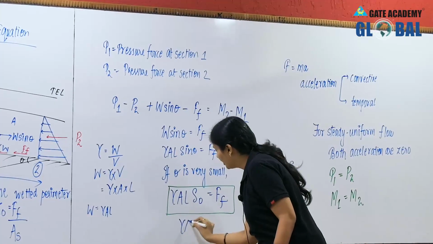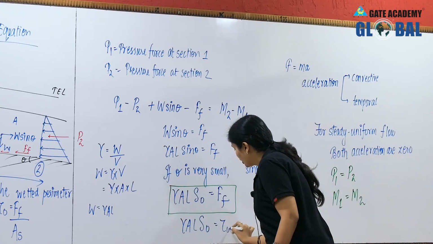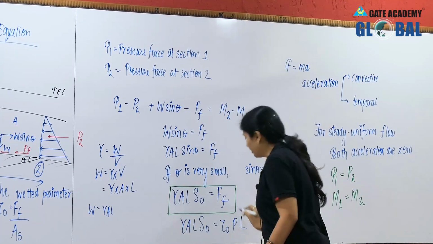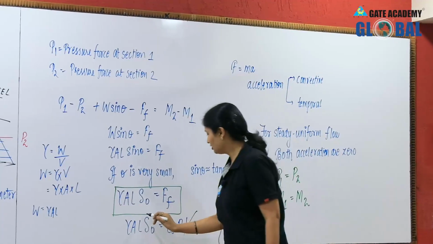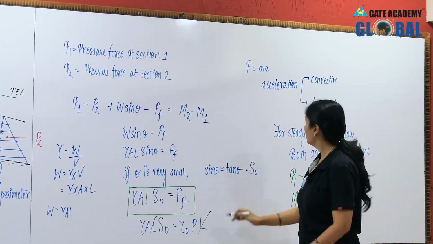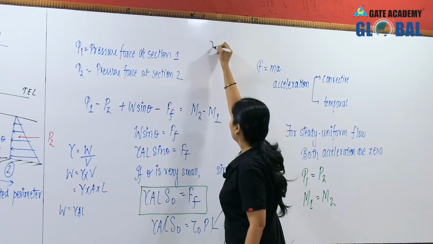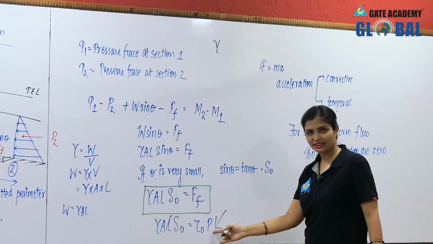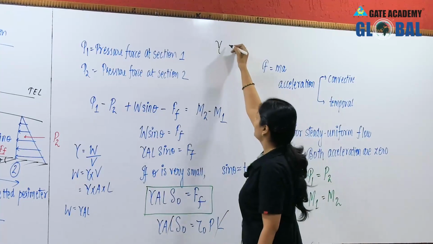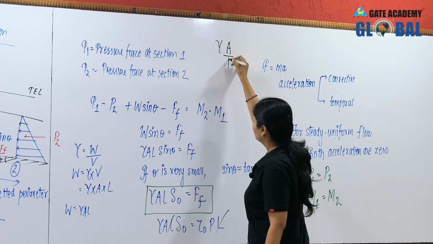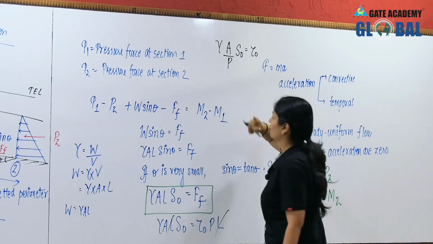Fine. So what I can do is gamma AL S naught is equal to tau naught PL. So what you will see, this L and this L will get cancelled out. I will solve it here. After this, what you will get is gamma, which is there in multiplication with tau naught, I am putting it in division, that is A by P S naught is equal to tau naught.